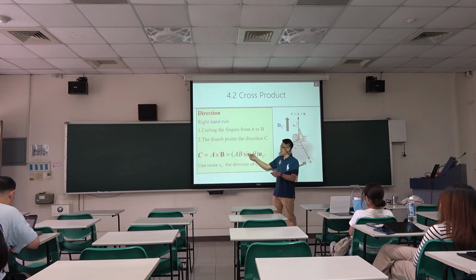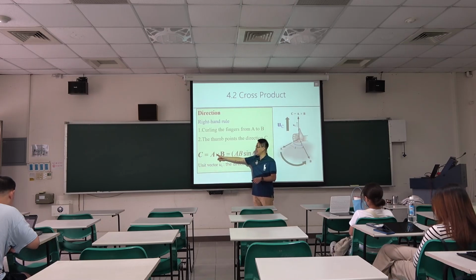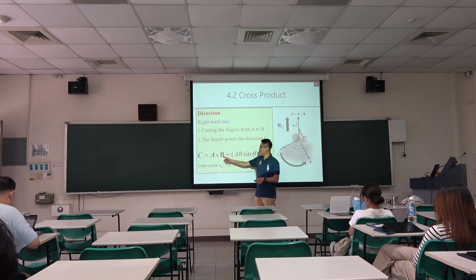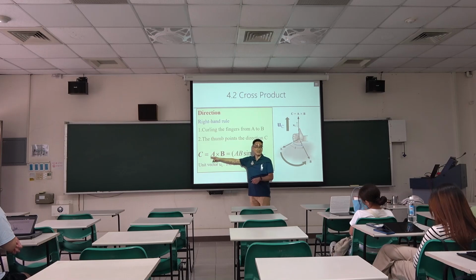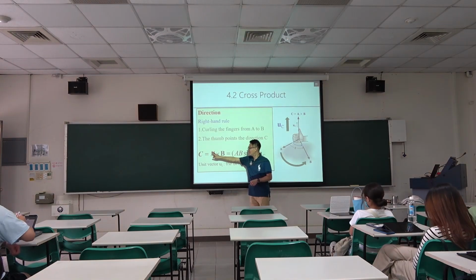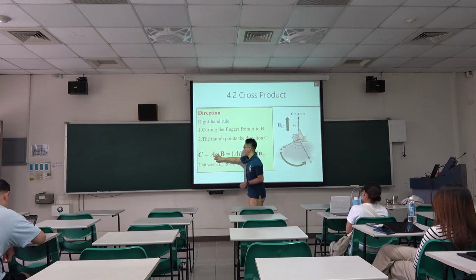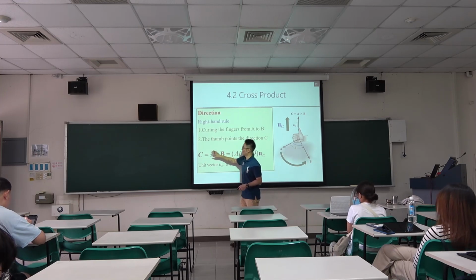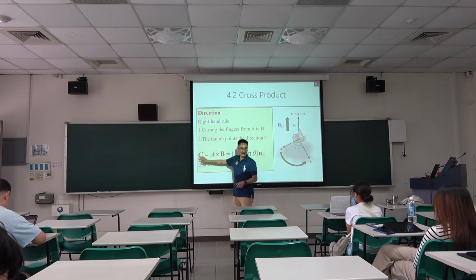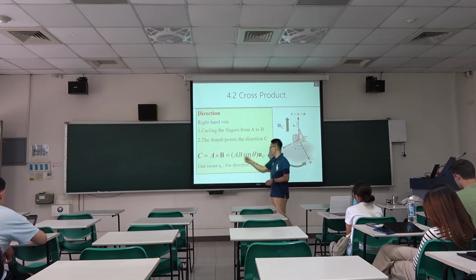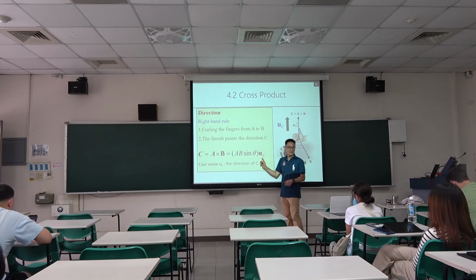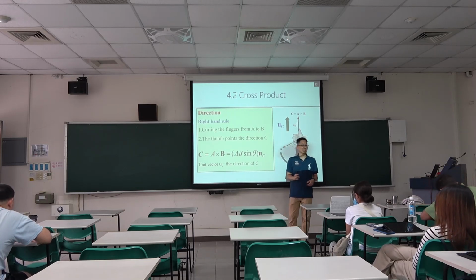But if we use vector A cross vector B, sorry, here should be this one, non-italic because that's a vector. So vector A cross vector B gives us vector C, which is AB sine theta, a scalar, times the unit vector.